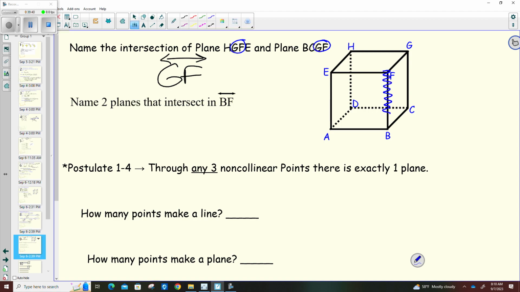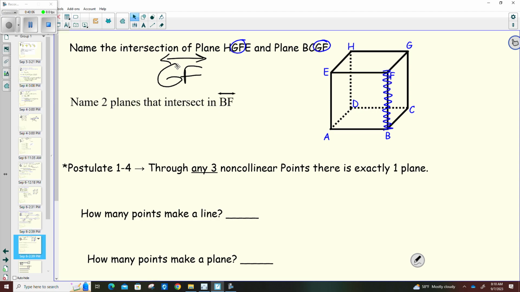BF is right here if that helps. You're going to name 2 planes that intersect in that line. Ready, set, go. How many letters do we need to name planes? 3.